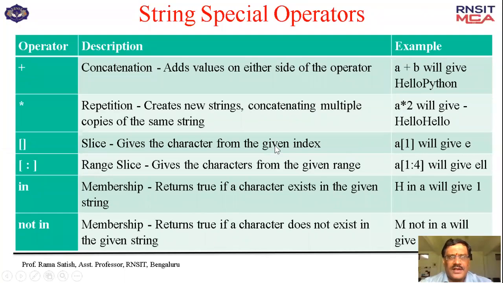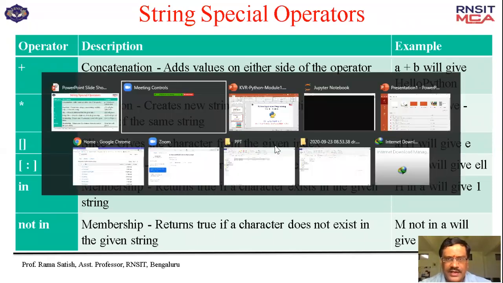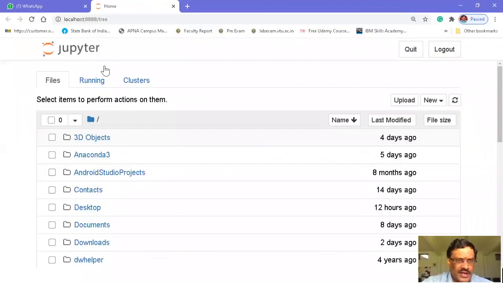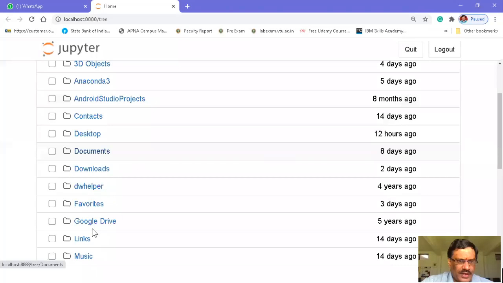the reverse of a string and comparing it with the normal string, that is, a palindrome. Let me show that, if Jupyter is already running. Okay, it is already running, so let me open Jupyter.